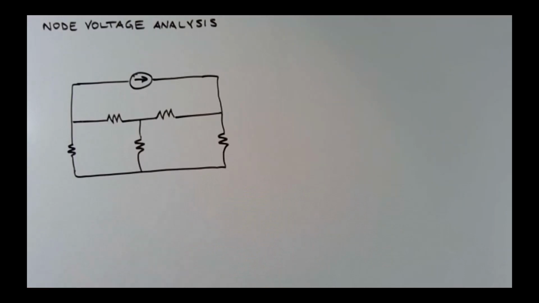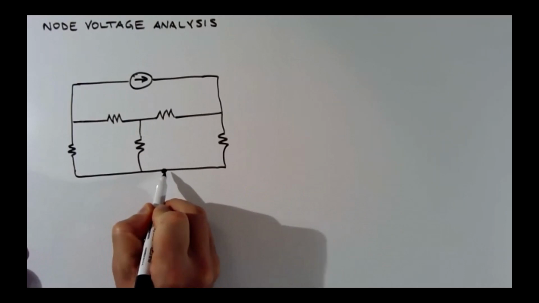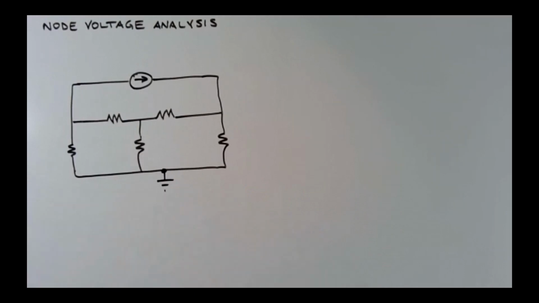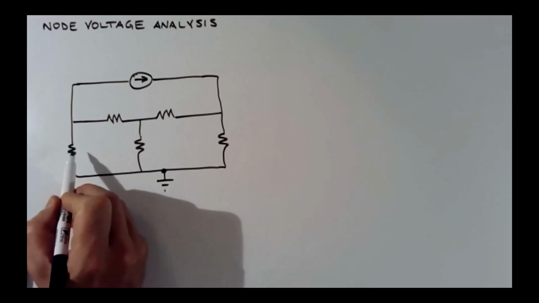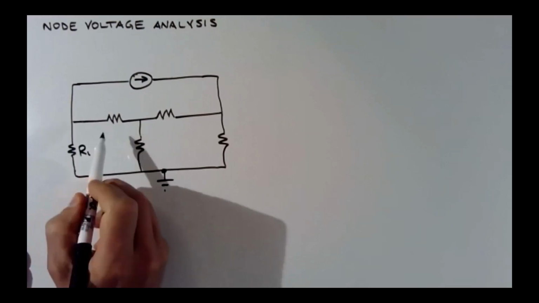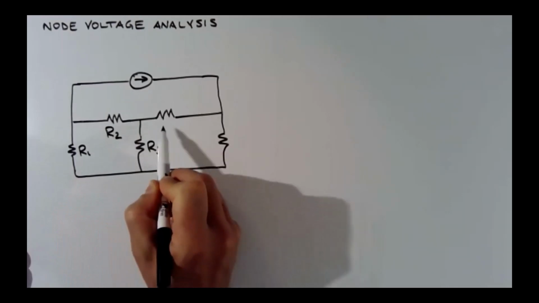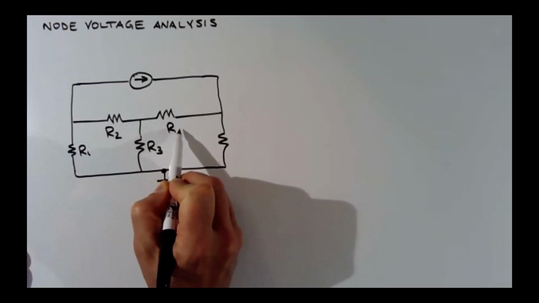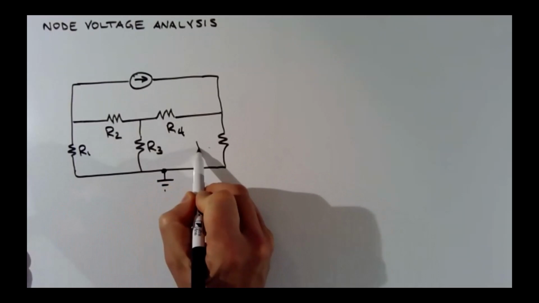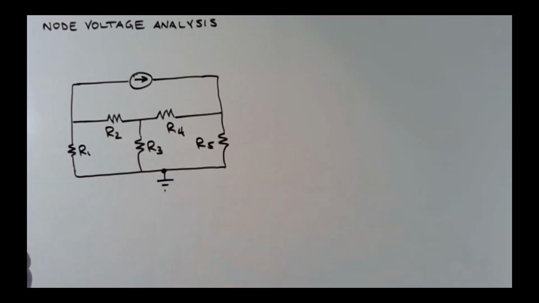Let's define the reference node to be this node at the bottom. And let's give some values to these resistors. Let's say this is R1, R2, R3, R4, R5.